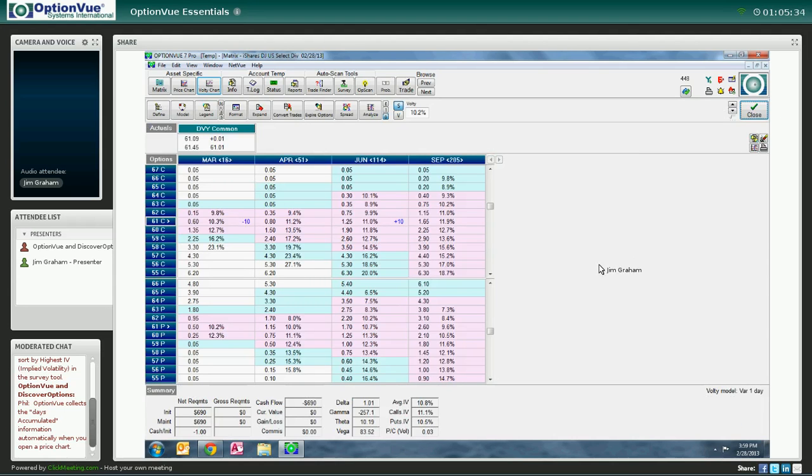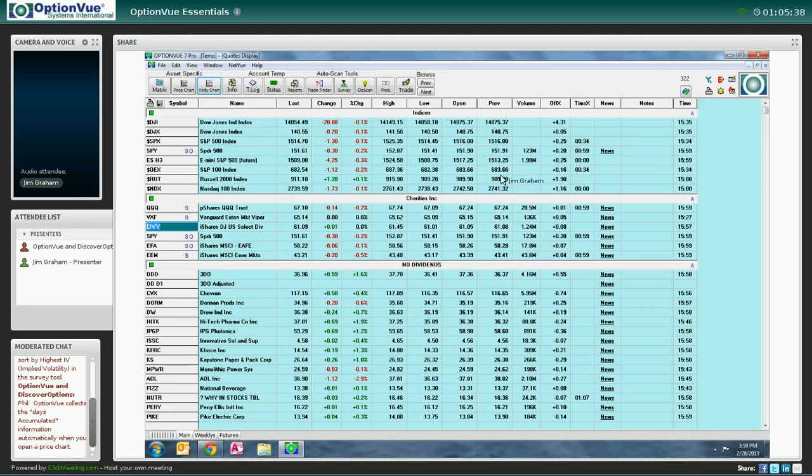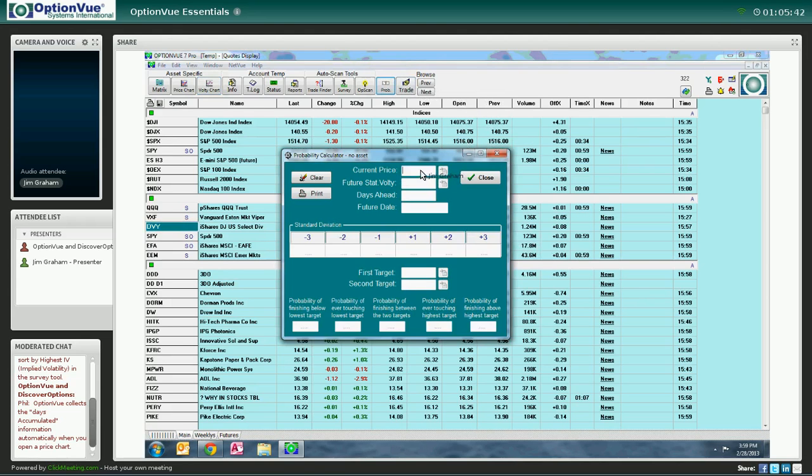And I promised that I would also look at the probability calculator, but I'm only going to glance at it because in the probability calculator, it'll calculate the distributions, the 1, 2, 3 standard deviations, and you can put whatever you want in here.